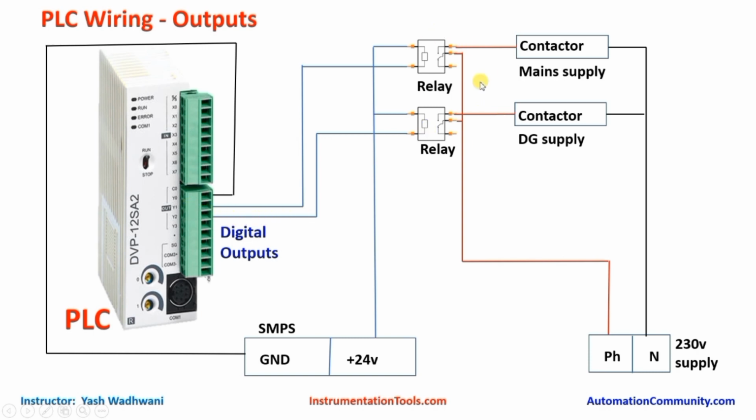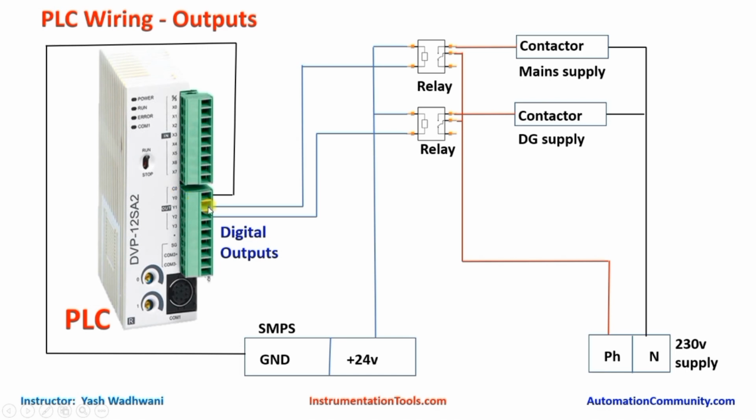Now let us understand the output wiring of the relay. First of all, in the common of each relay we will connect 230 volt phase. Now the NO terminal of the first relay we will connect to the A1 terminal of the mains supply contactor, and similarly the NO terminal of the other relay we will connect to the A1 terminal of the DG supply contactor, and the other terminal of the contactor we will connect to neutral supply.